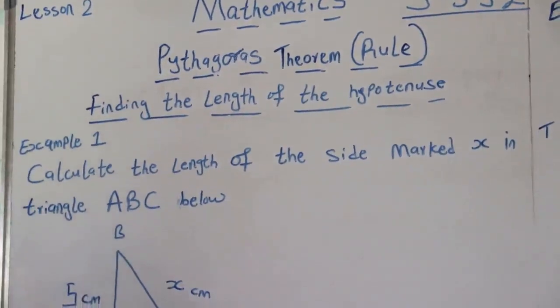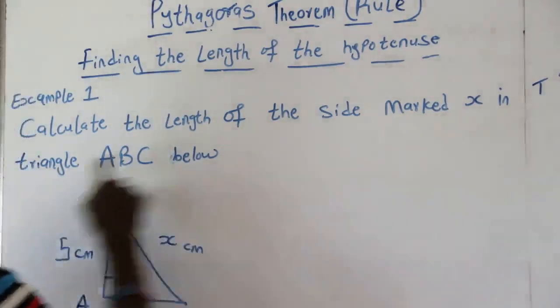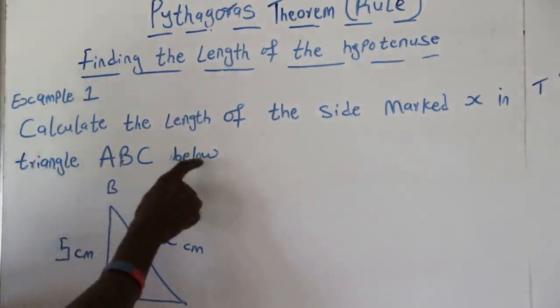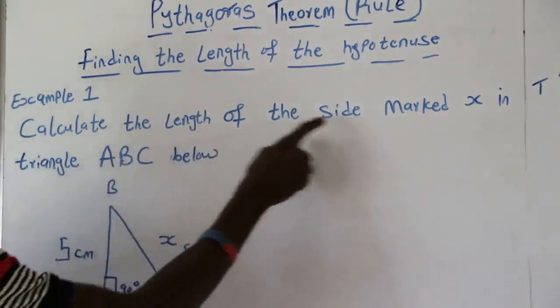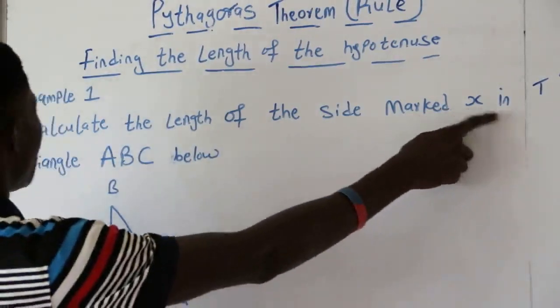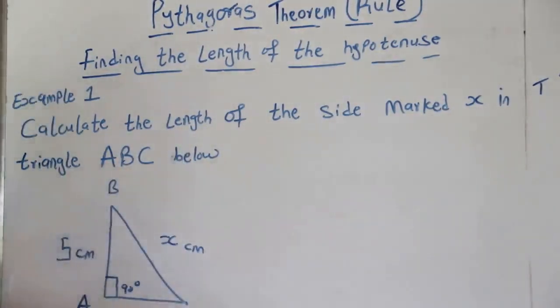In our first example here, the question says, calculate the length of the side marked X in the triangle ABC below.